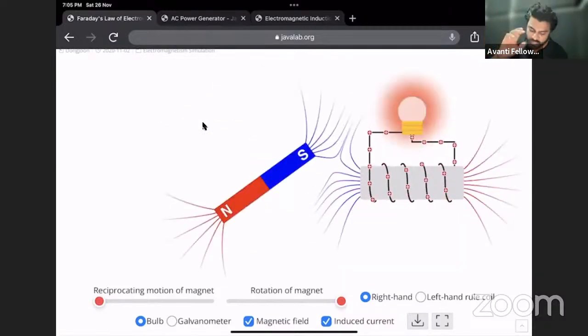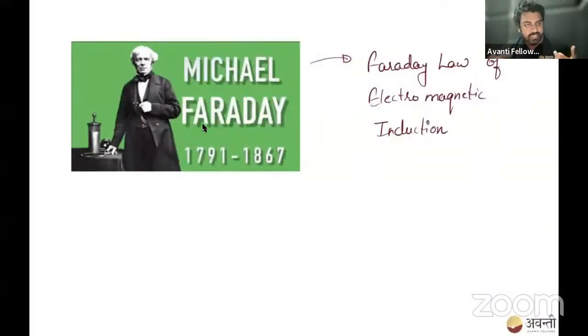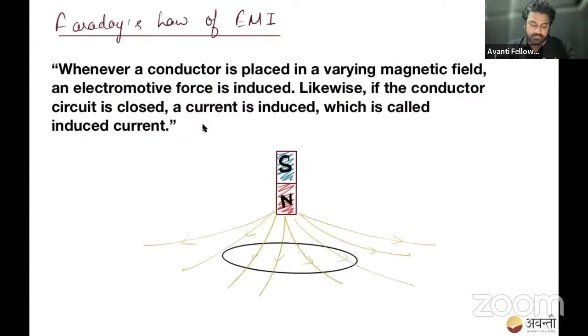Okay. So I hope you got the idea of how the flux change creates current if that is a closed loop in a circuit. If the circuit is not closed, then how will the current be induced, right? So Faraday's law of electromagnetic induction tells that when a conductor is placed in a varying magnetic field, an electromotive force, EMF, is induced.